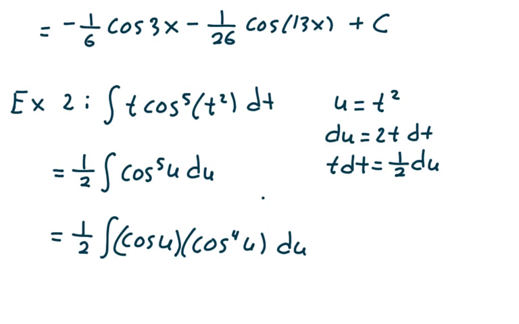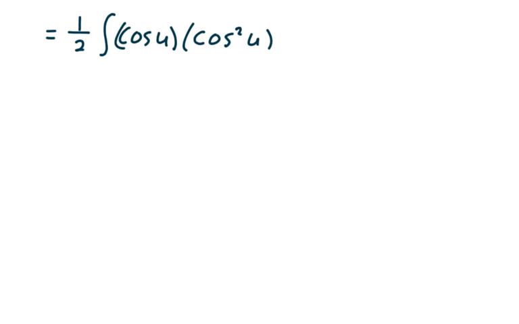And so I want to show you something slick here. So I'm going to write this as 1/2 the integral of cosine of u, and then I'm going to multiply by cosine squared. So that's going to be the integral of cosine of u times cosine squared u to the 2nd power du.